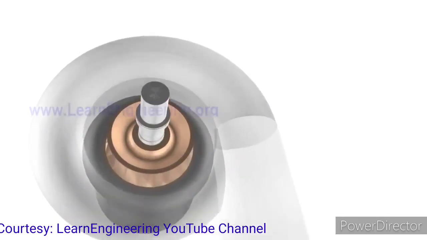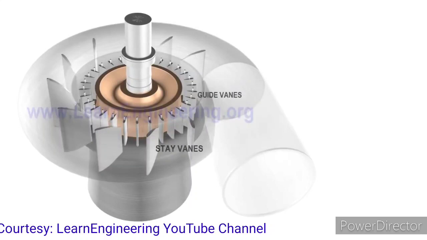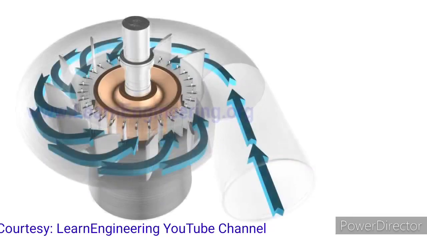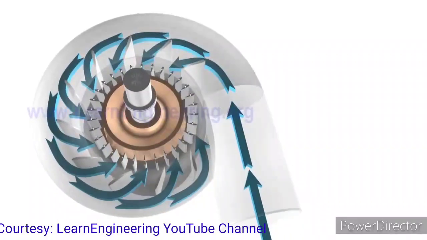Stay vanes and guide vanes are fitted at the entrance of the runner. The basic purpose of them is to convert one part of pressure energy to kinetic energy. Flow coming from the casing meets the stay vanes, which are fixed. Stay vanes steer the flow towards the runner section, thus reducing the swirl of inlet flow.